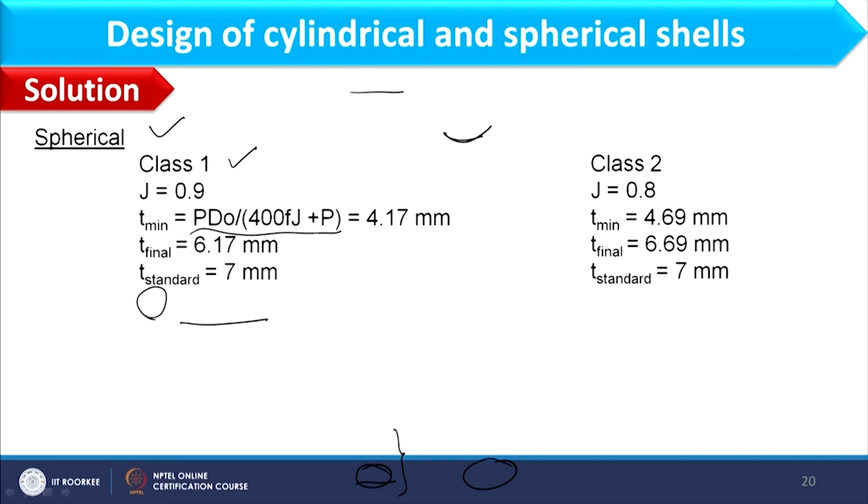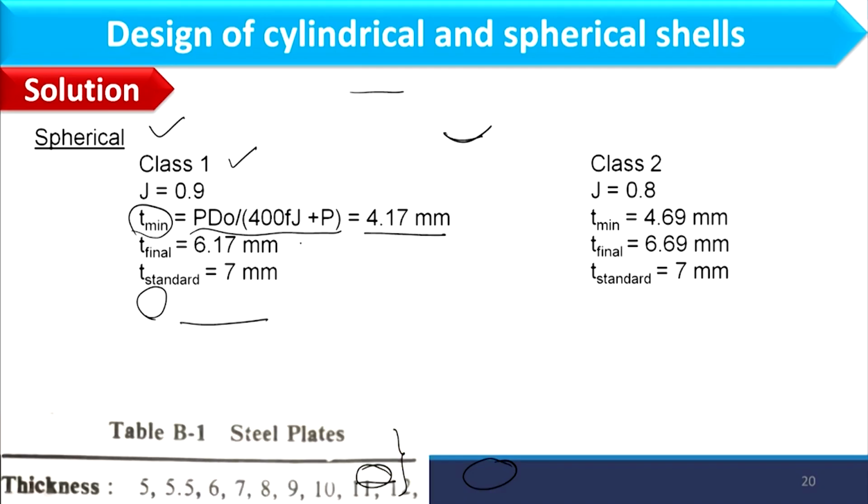Considering the values of J, allowable stress, pressure and outer diameter, we can find out minimum thickness using this expression, and it comes as 4.17, that is the minimum possible thickness. We will add corrosion allowance into this, and that should be equal to 6.17.